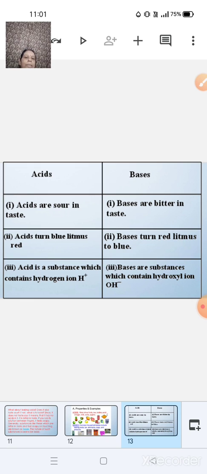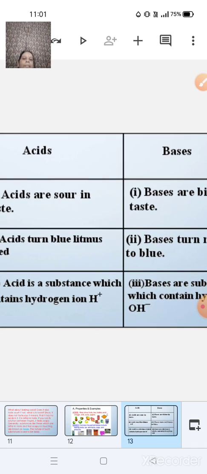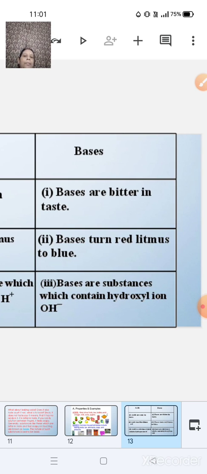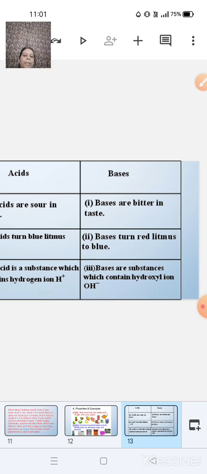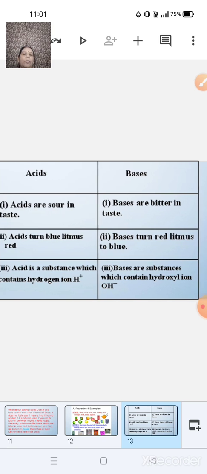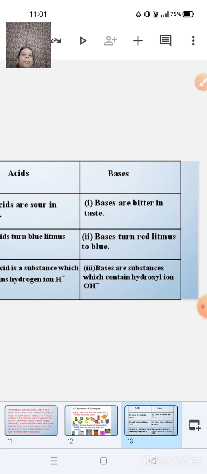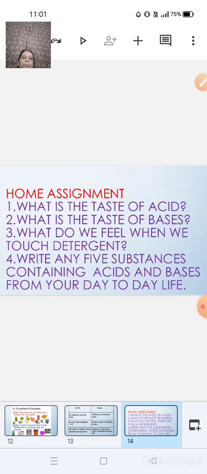So vice versa. An acid is a substance which contains hydrogen ions, whereas bases are substances which contain hydroxyl ions, that is OH minus. We will be talking of all this in the chapter when we proceed slowly.